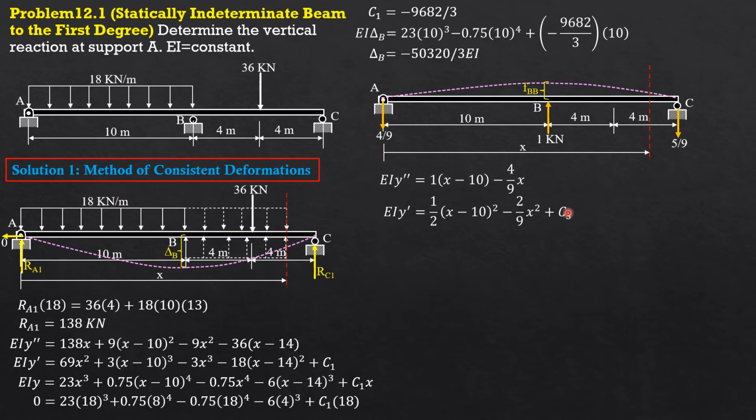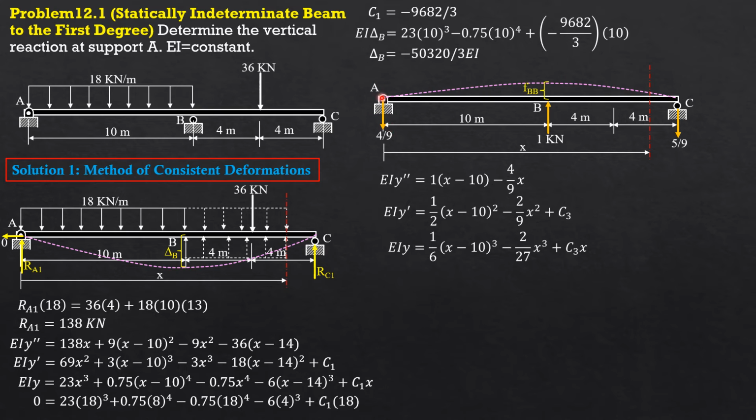I'll use C sub 3 for this because this is a different beam, different loading. Then integrating again, EIY equals 1/6 (x minus 10) cubed minus 2 over 27 x cubed plus C sub 3 x.